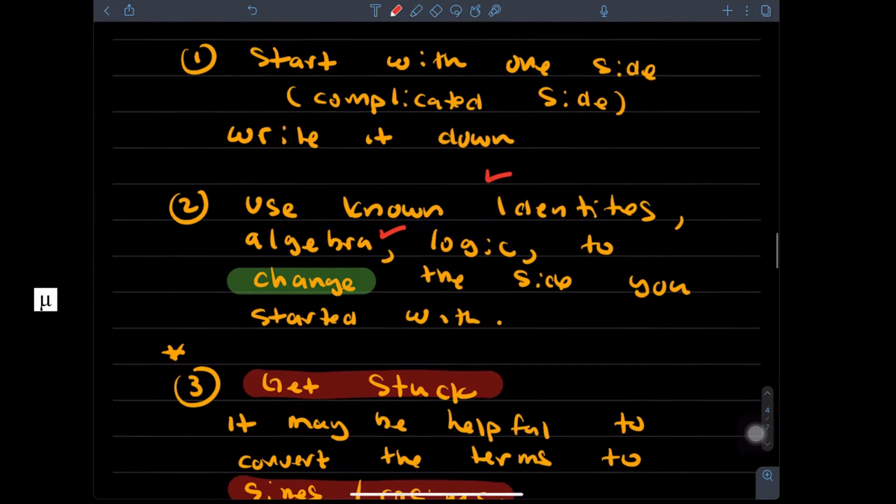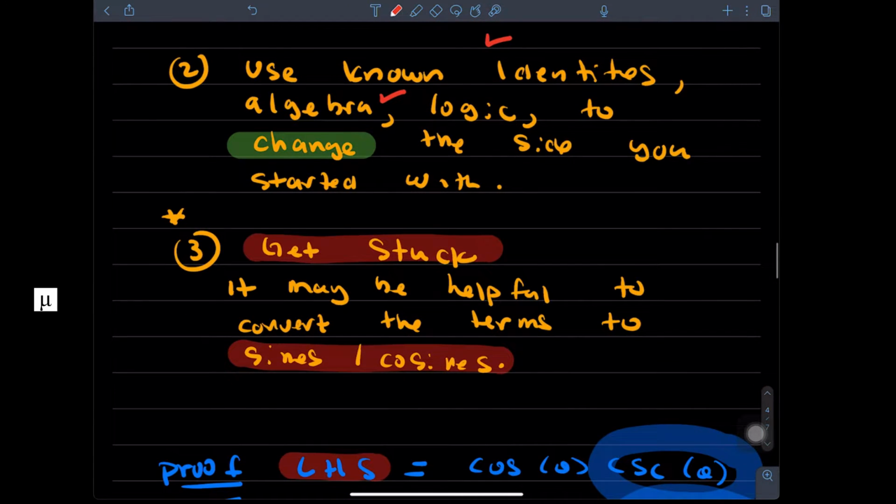Use what? Use known identities and algebra and logic to change the side you started with. And I should really say to the other side. Okay? To be clear. To the what? Other side.